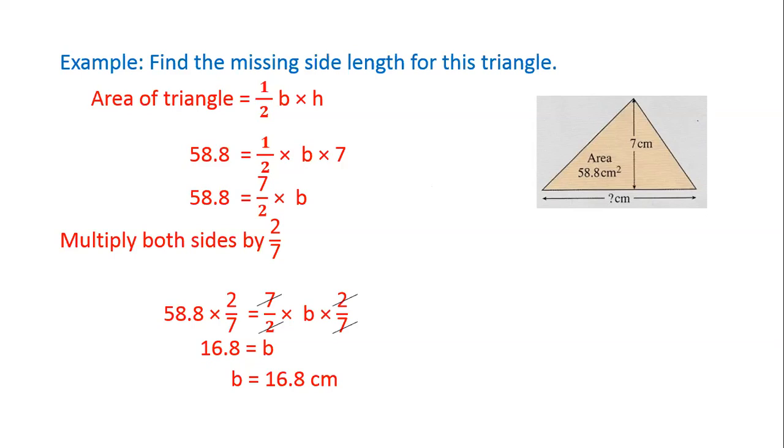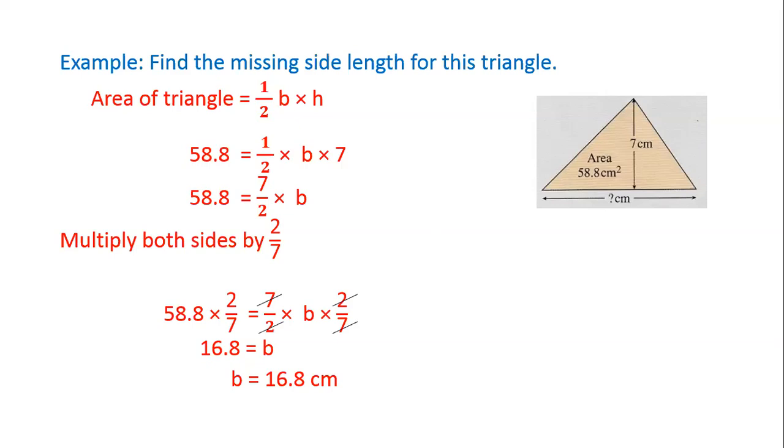And for the base, it is 7 over 2 multiply base multiply 2 over 7. So you cancel 2 with 2, 7 with 7. That's all I know, teacher. Thank you, Jasser.